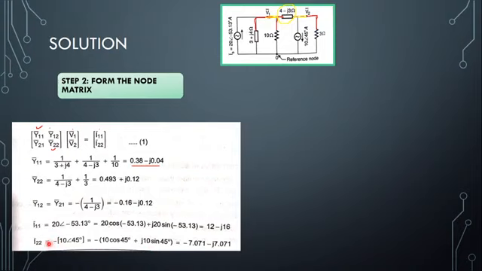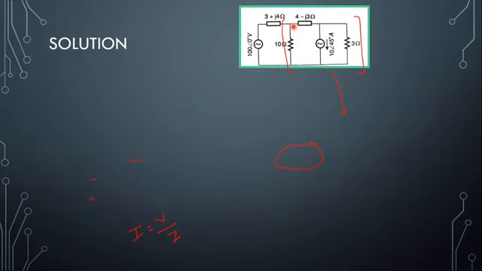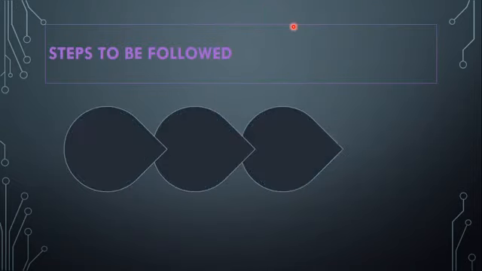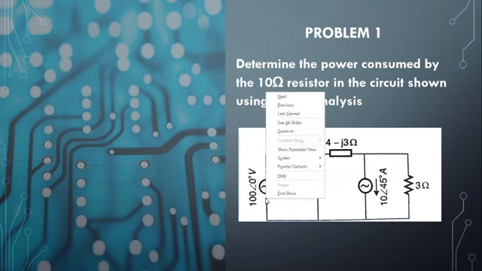But if you see here, there is a minus sign. What might be the reason for this minus sign? The minus sign is not present for the first current source. It is only there for your second current source. The reason is, if you see in the given question, this is the voltage source.